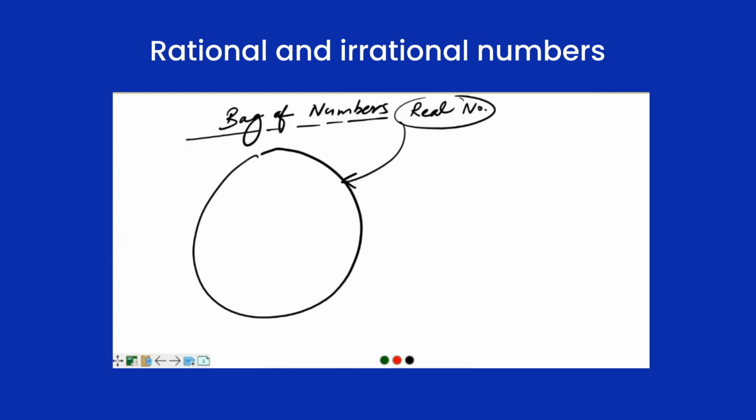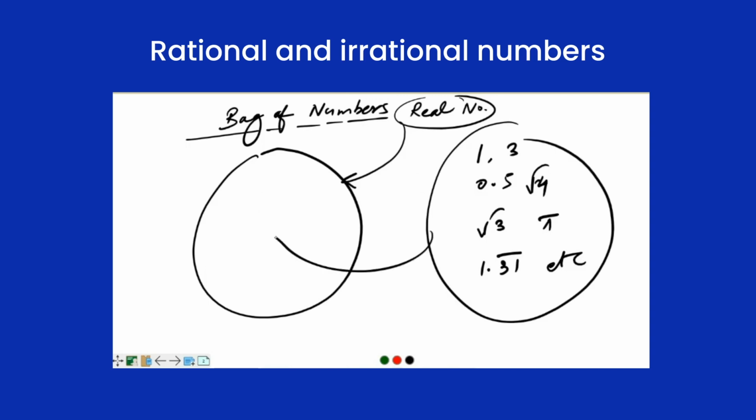In the real numbers, we have all the kinds of numbers that you see around yourself, like 1, 3, 0.5, square root of 4, square root of 3, pi, 1.31 bar, etc. All these types of numbers belong to the real numbers.